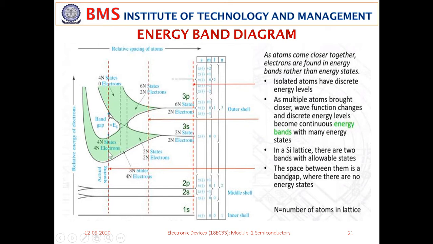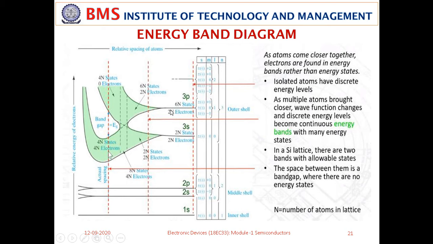For silicon, it is going to be 1.1 electron volt, the distance between the valence band and the conduction band. So electrons have to cross from the valence band to the conduction band for the silicon to conduct. But right now you can see that in silicon, we have 4N states available.